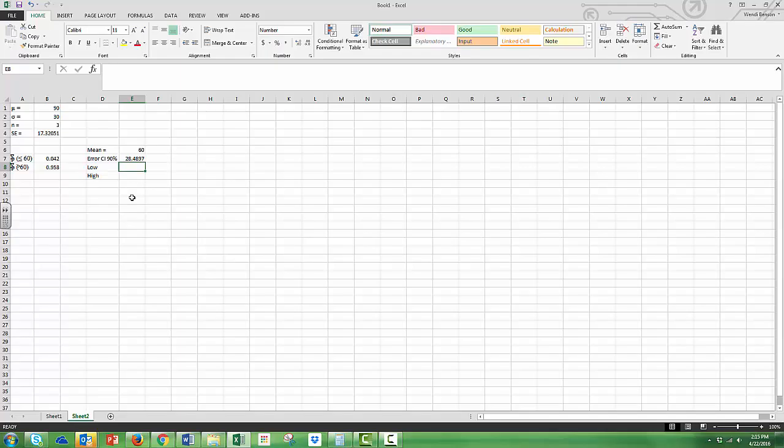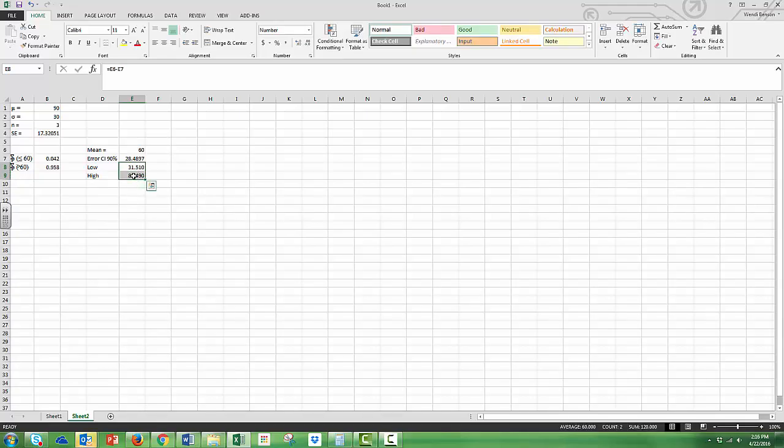So now that we have our margin of error, the spread of our estimate, we're going to find the low end by going equals the mean for our sample, that's our reference point, minus the margin of error, and then equals the mean for our sample plus the margin of error. And this is the range that we're working with.